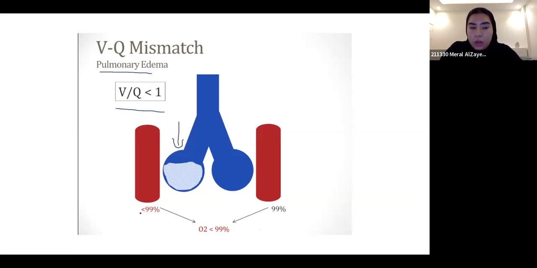So this will cause hypoxemia. Why will we have hypoxemia? Because as you can tell here, our oxygen levels are lower than what our body requires. Does that make sense? Okay, perfect. I'm glad you guys are understanding this.